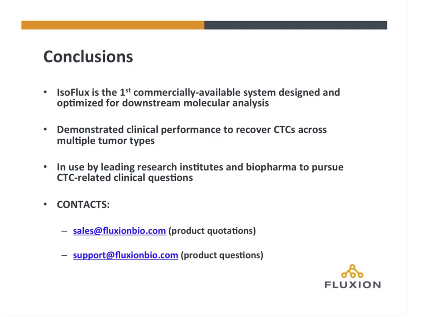So in order to use the DEP array, you have to have some kind of enrichment up front. And so the IsoFlux system is designed to do that enrichment, so we can process the sample right from the beginning, which is typically a blood tube.